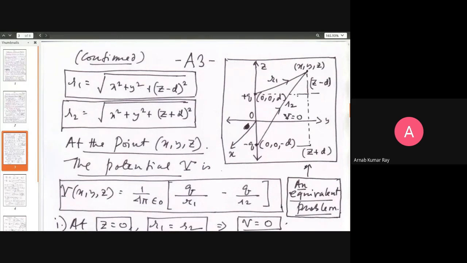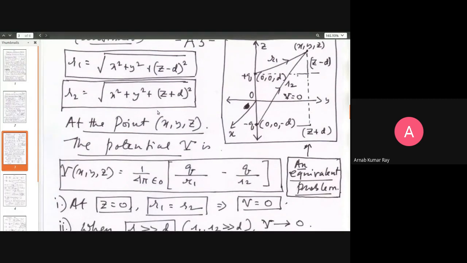D will become so small that eventually, let us say Z has become infinity. Hypothetically speaking, ideally speaking, infinity minus D and infinity plus D will make no difference to infinity. Infinity is infinity.